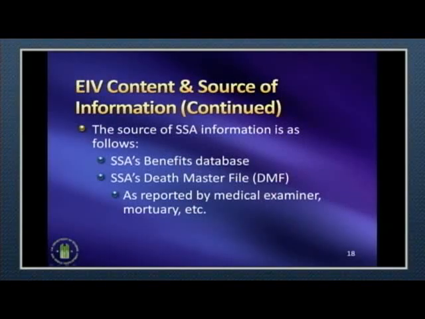The source of the SSA information is derived from SSA's databases, as well as their Death Master File, or DMF, which is information reported by your medical examiners, your mortuaries, or next of kin or family member with respect to death information. For those of you that also want another resource to confirm death information, Ancestry.com. It's free.